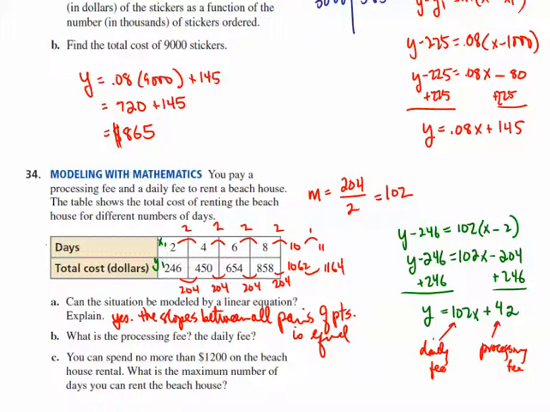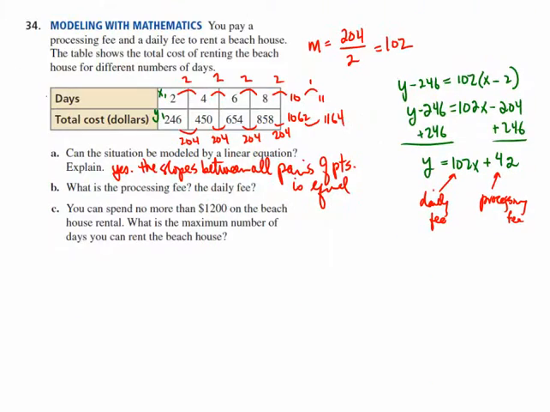All right, another way that we could do this is take our equation and set it equal to 1,200. So 1,200 is equal to 102x plus 42.